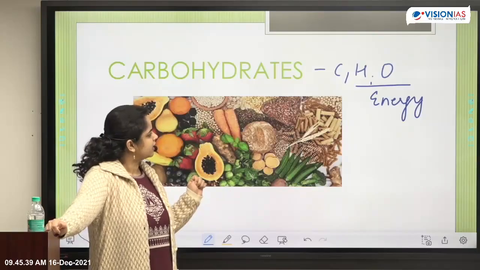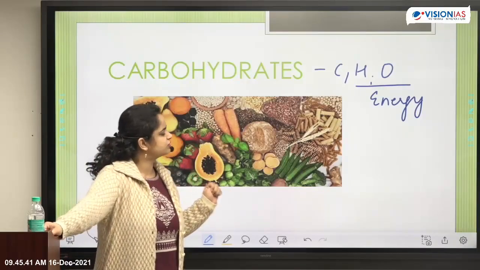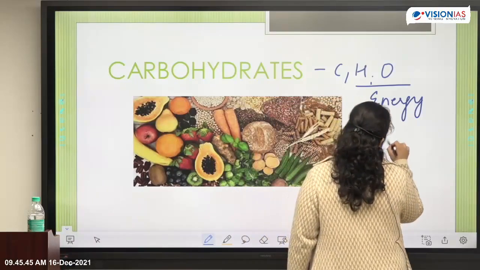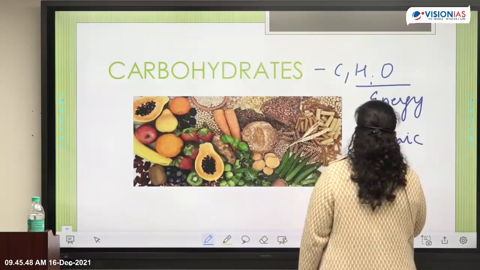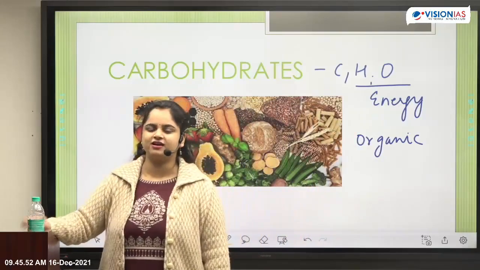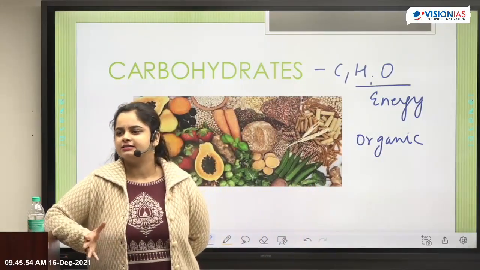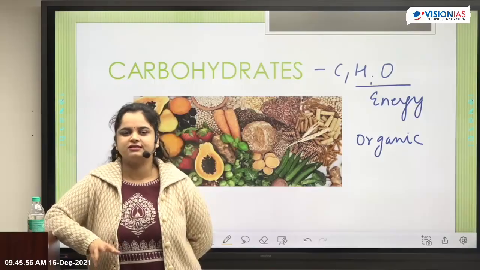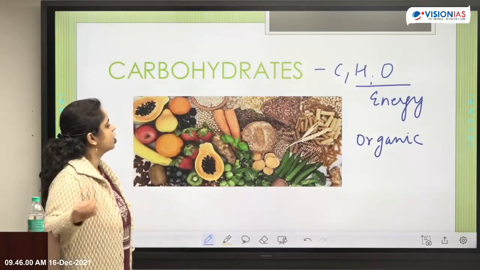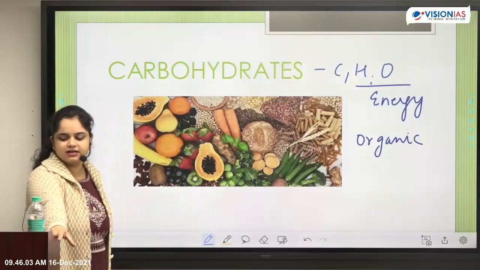And we are going to be using a word called organic. Of course, we will not go into the technicalities of this. For the purpose of our understanding, anything which is a carbon compound, we are going to consider that to be organic here. Okay, so they are organic compounds which will be giving us energy.